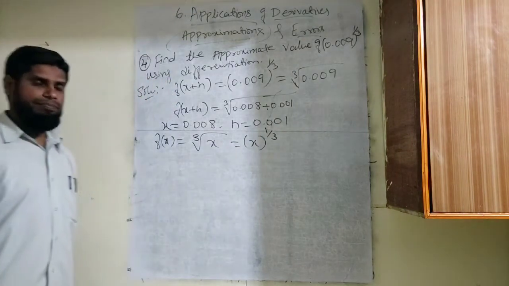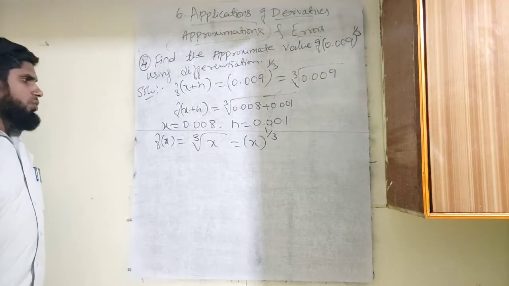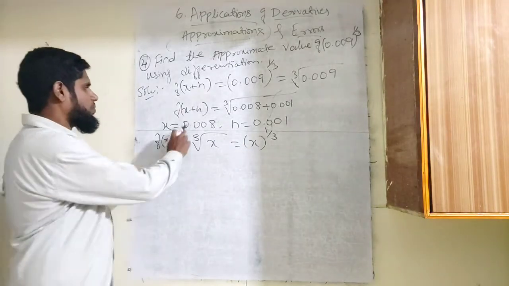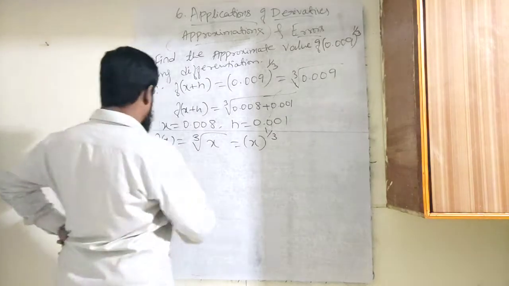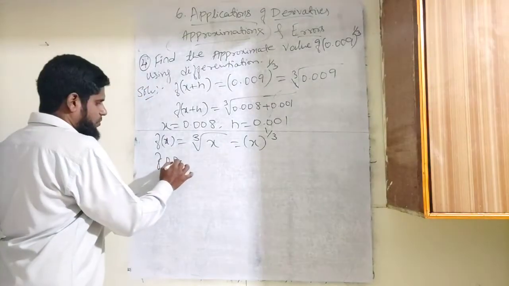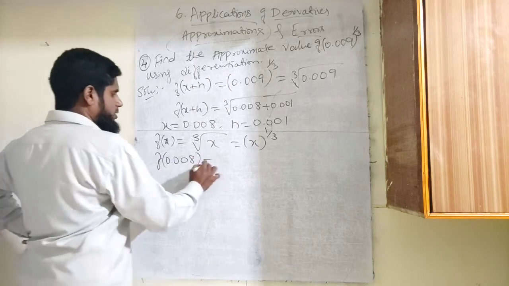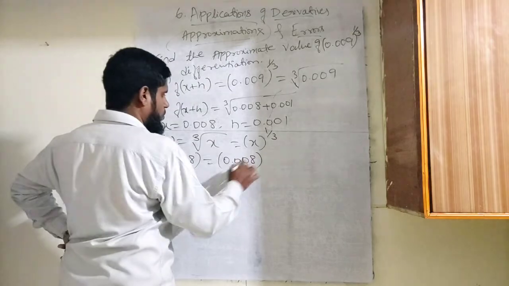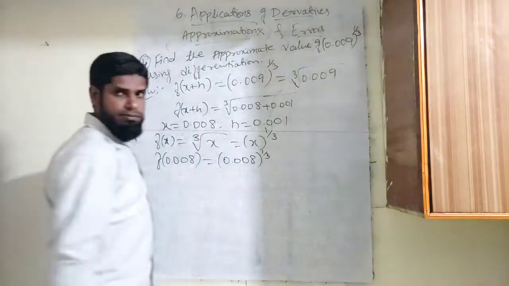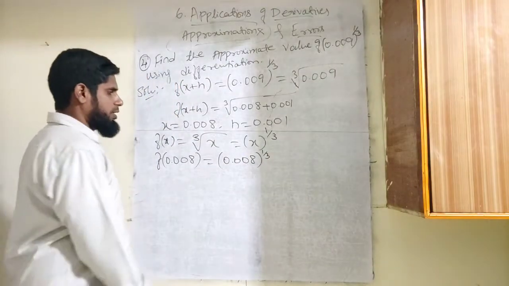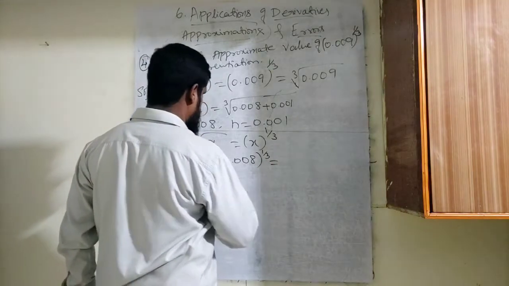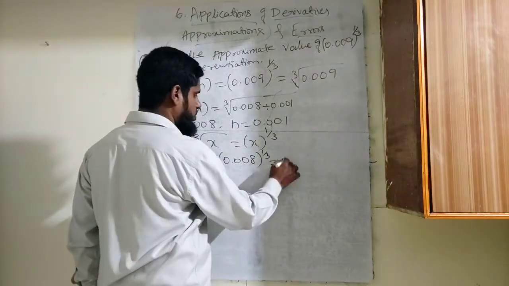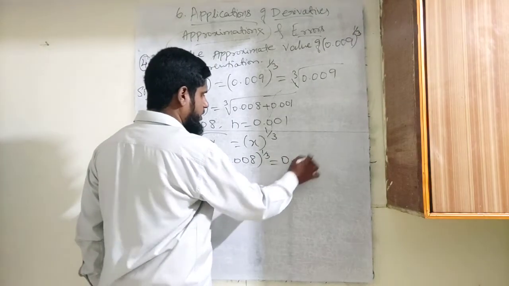Both are the same. Now let me find the function at 0.008. So f of 0.008 is equal to 0.008 whole power 1 by 3. So student, its answer is the cube root of 8 is 2 and there are 3 zeros, so 3 times I should multiply. I think it is 0.2.